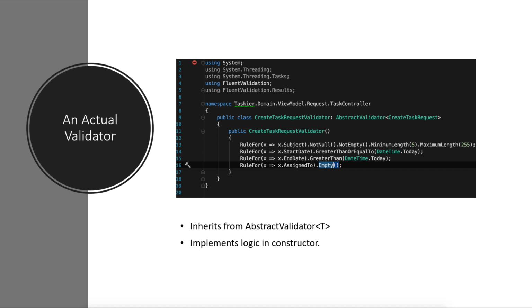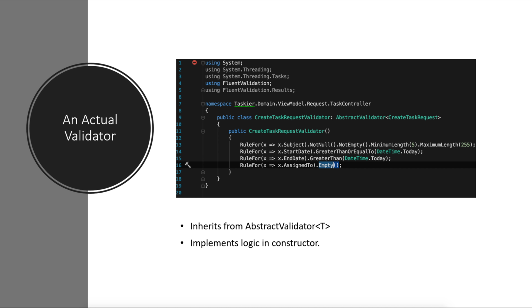So here I've created my create task request validator, and in the constructor is really where the magic's happening. So I'm creating four different rules that are going to validate four different properties on my model. On that subject, you can see that it has to be not null, it has to be not empty, it needs a minimum length, it needs a maximum length. For the start date, it's got to be greater than or equal to today, and for the end date, it's got to be greater than today.